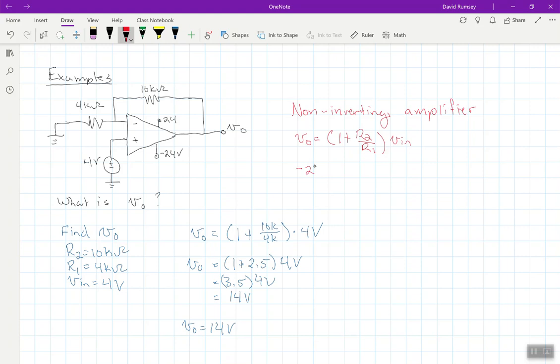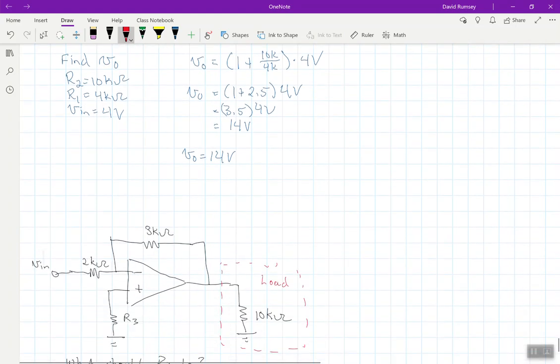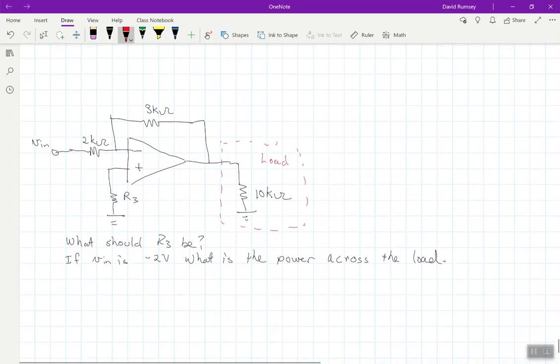We know that Vout has to be between positive and negative 24 volts, and clearly 14 is, so we're fine. Now, if it wasn't, we know from the previous lessons that means the op-amp has railed or saturated. Okay, let's move on to the next example.